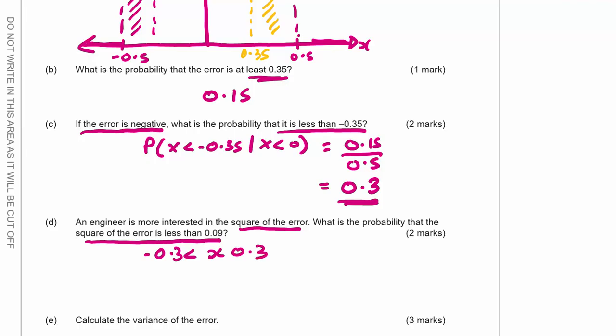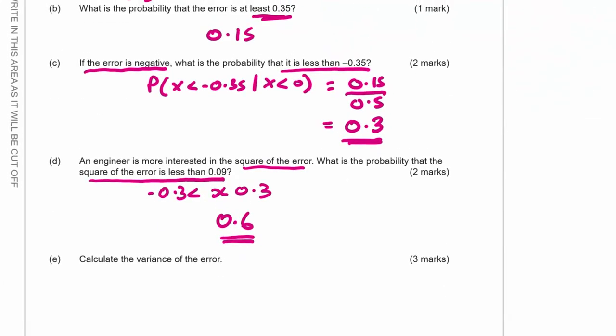Because if you square either of those, you get 0.09. And if the number is between there, when you square it, it's less than 0.09. And so that's just the width of a rectangle, going from negative 0.3 to 0.3. If the rectangle's got a height of 1, that area is going to be 0.6.